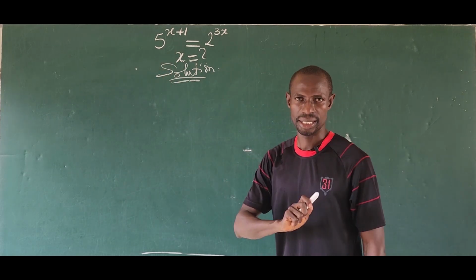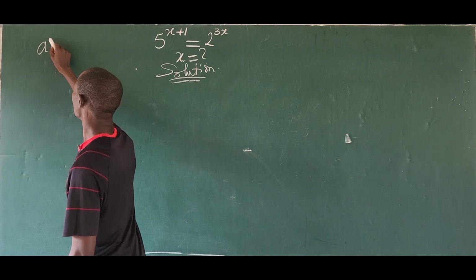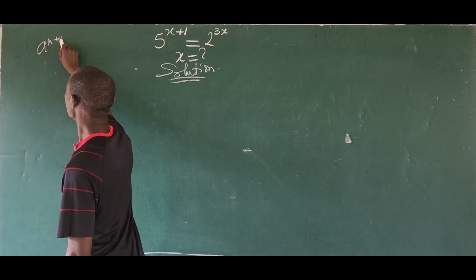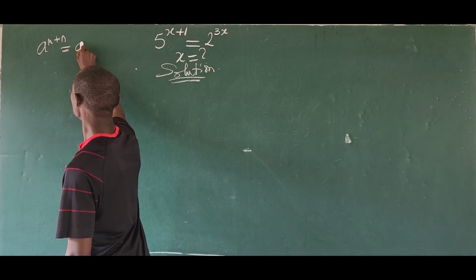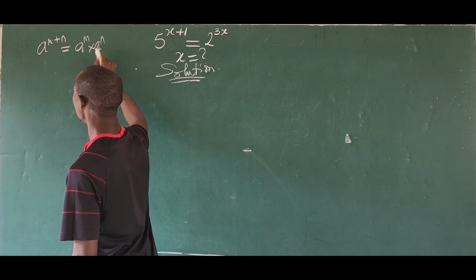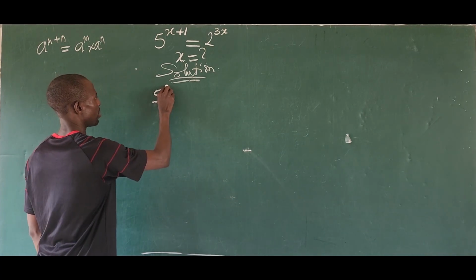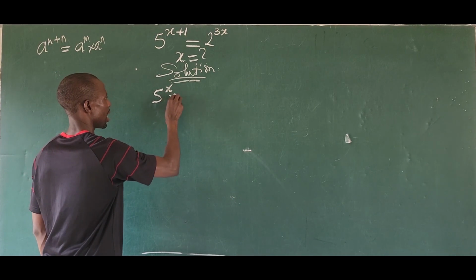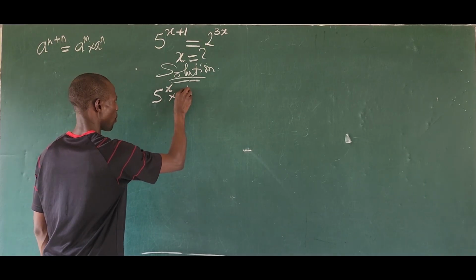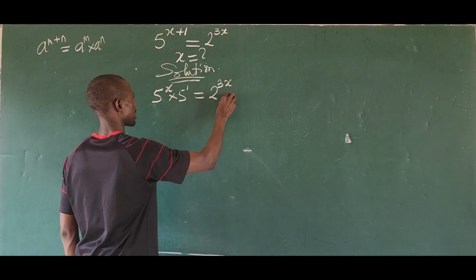So we're applying the law which says that when you have a to the power of m plus n, this is equal to a to the power of m times a to the power of n. So this is going to give us 5 to the power of x times 5 to the power of 1 equal to 2 to the power of 3x.